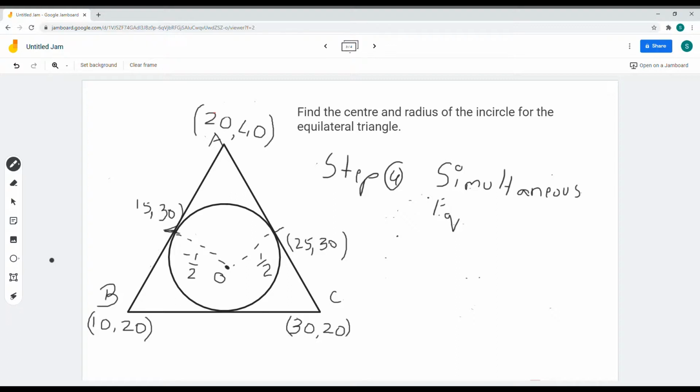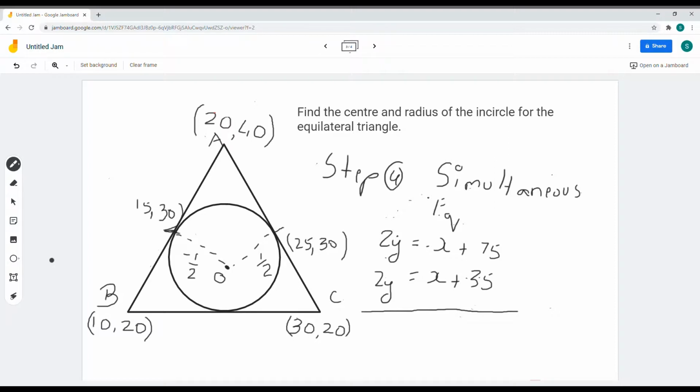And I'll go back and write the equation of the first perpendicular line, which was 2y equals negative x plus 75. And the equation of the second perpendicular was 2y, I think, equals x plus 35. So I'm going to refer to these non-simplified form equations. So I'm going to use them. I'm going to solve them simultaneously.